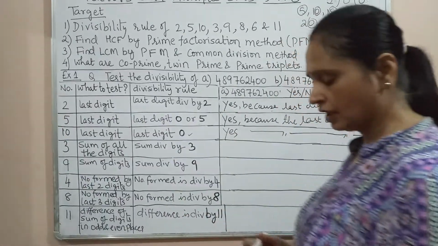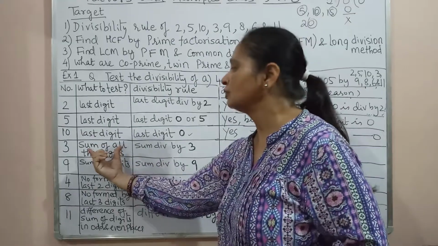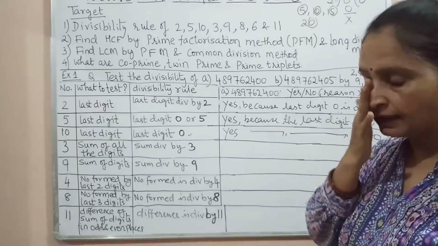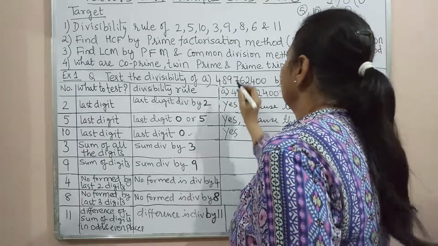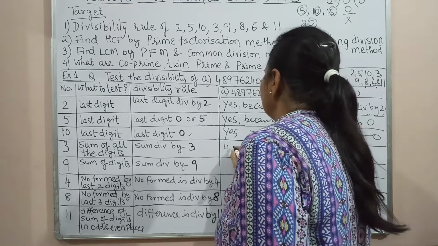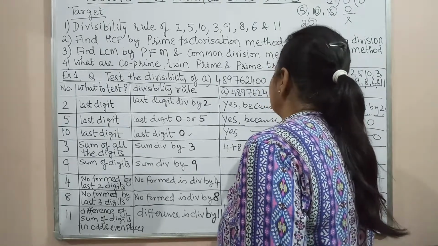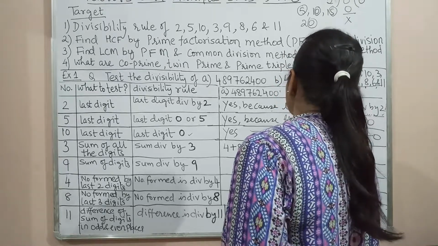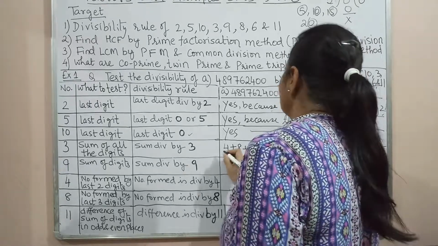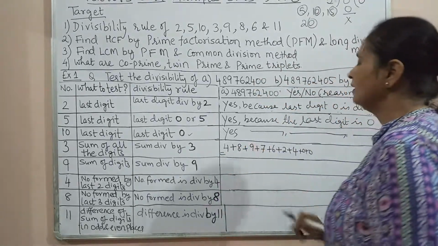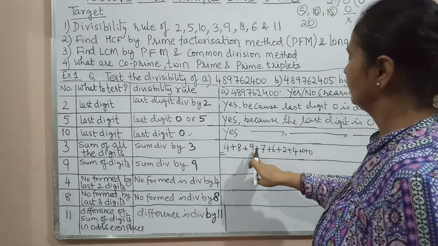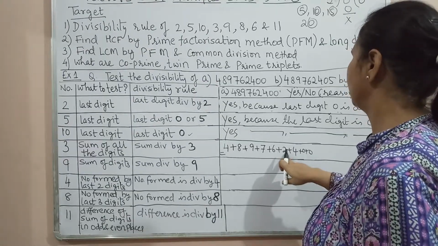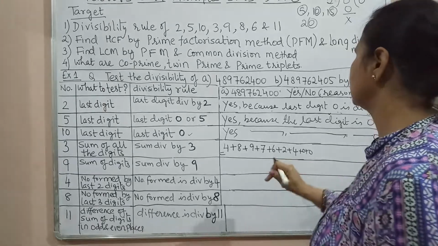फिर sum of 3 के लिए क्या करते हैं? We want to do what is the test number, what is to be tested. We will have to find out the sum of all these digits. So what is the sum of all these digits? It is 4 plus 8 plus 9 plus 7 plus 6 plus 2 plus 4 plus 0 plus 0. So it becomes 12. 12 plus 9, 21, 28, 30, this is 40.